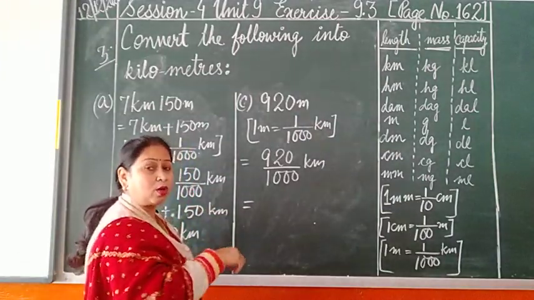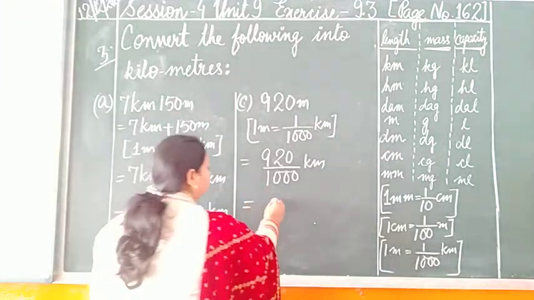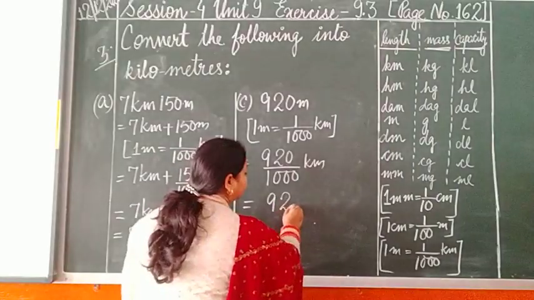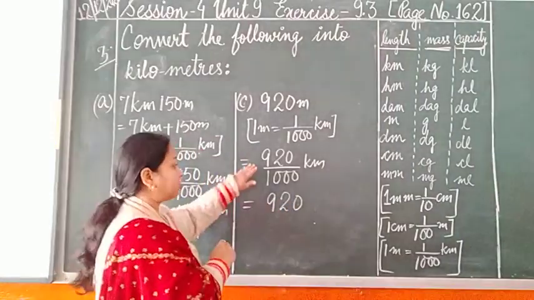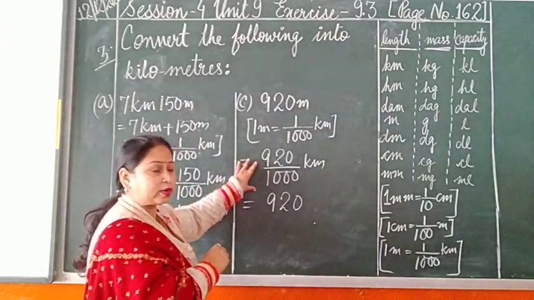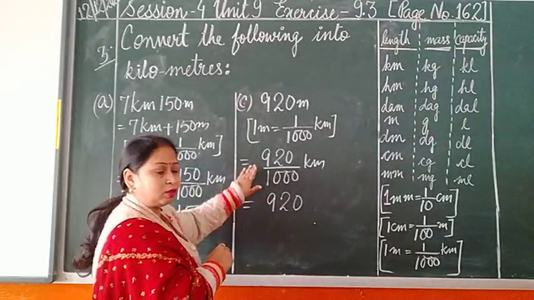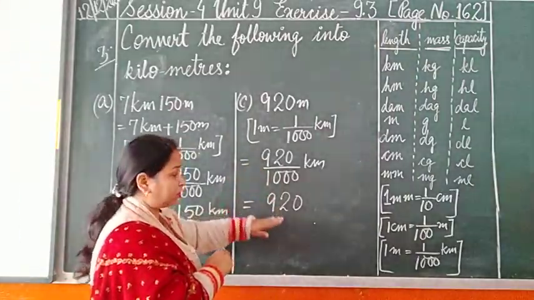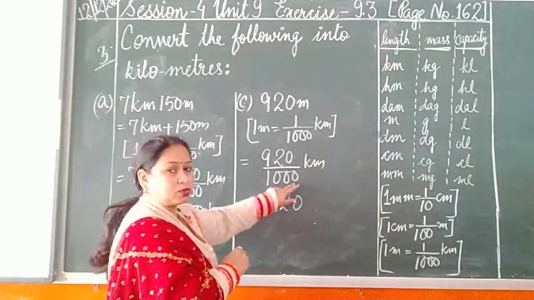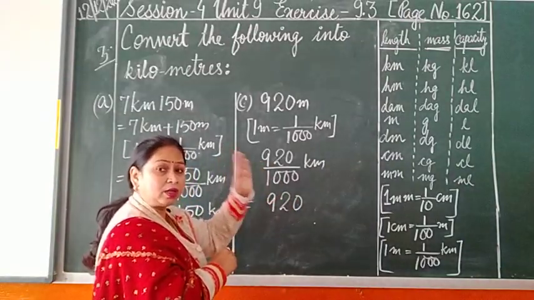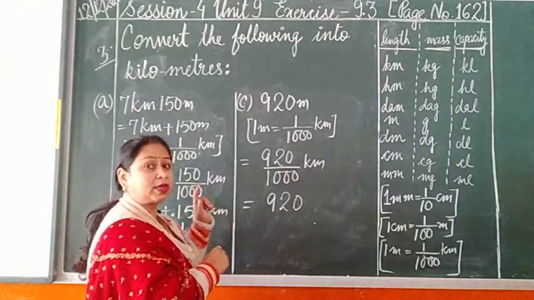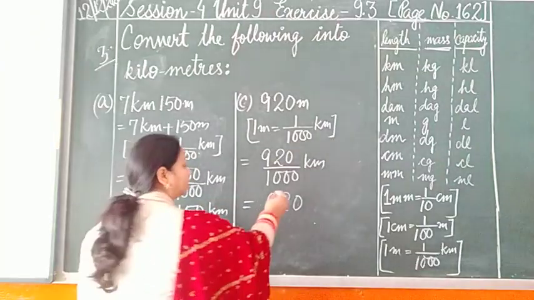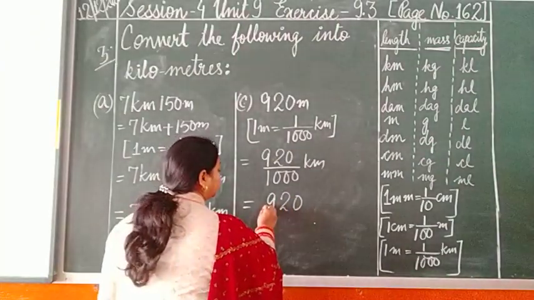How to write this down? Whatever numerator is given, we rewrite it as it is. 920 is the numerator, as you can see in this fraction, 920 by 1000. So whatever numerator is given, write it down. How many zeros are there? 3 zeros are there. Count from the back 3 places and place the decimal. Okay, 1, 2, 3, place the decimal.